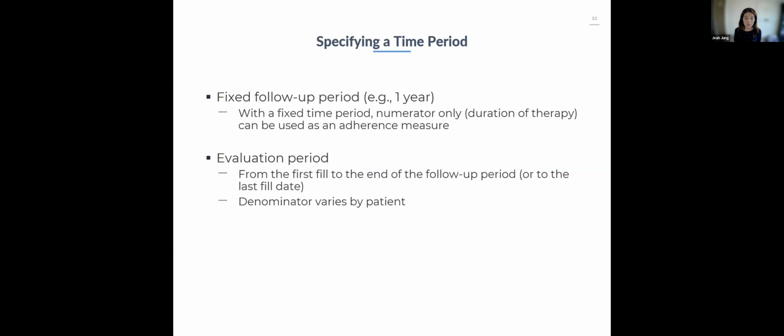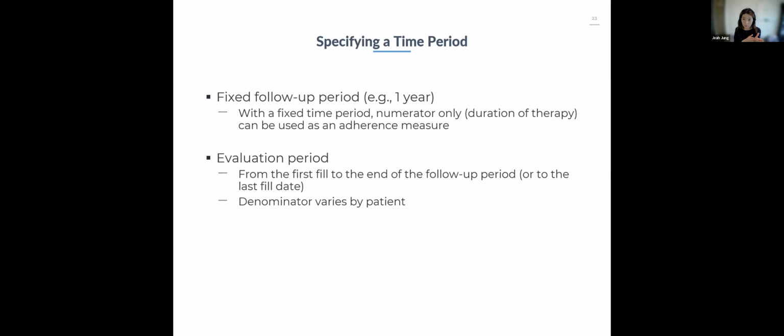That's one way. Another way is, well, you know what? I have only this 2020 data, and I don't know whether this beneficiary has diabetes on January 1st. So you could use only the first fill date. I'm going to assume that from this date, maybe April 1st, this patient was diagnosed with diabetes.